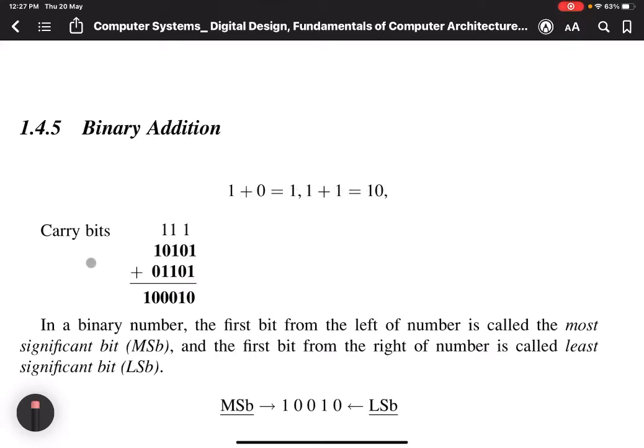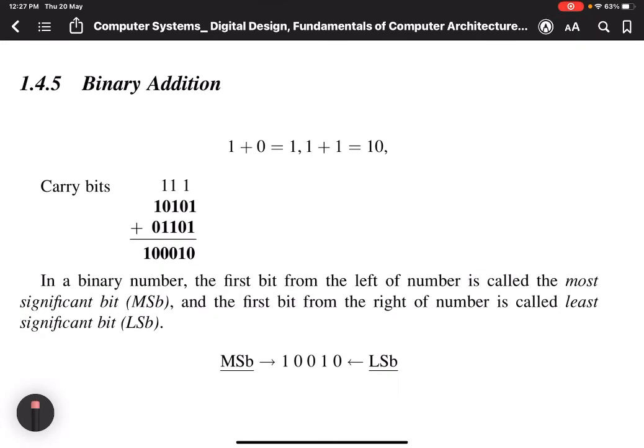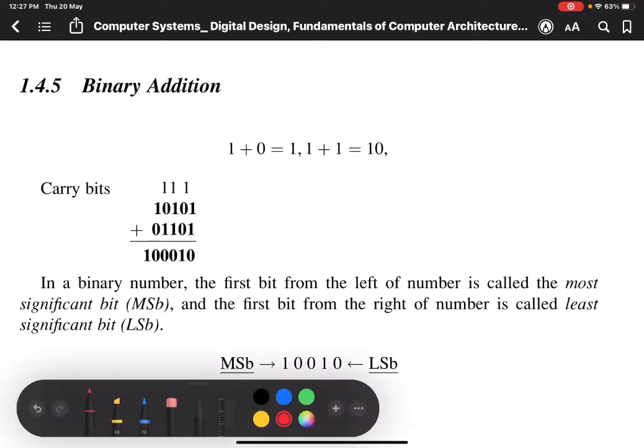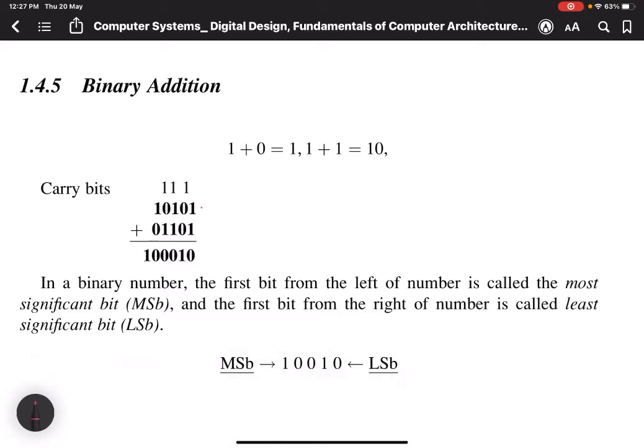So let's apply those principles, no, dito sa ating example. So 10101, i-add down natin sa 01101. So sabi natin 1 plus 1 equals 10. So we put 0 here and we carry over 1.